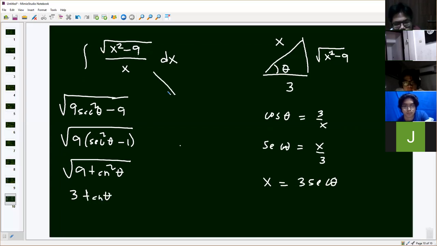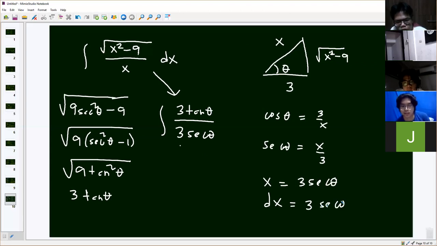So okay, this would become integral 3 tan theta. Pero may x ka pa rin. Sino ba yung x mo? Sulat mo lang, 3 secant theta. Right? Then dx. Saan kukunin yung dx? Dito. Anong derivative ng 3 secant theta? 3 secant theta tangent theta d theta. So times 3 secant theta tan theta d theta.